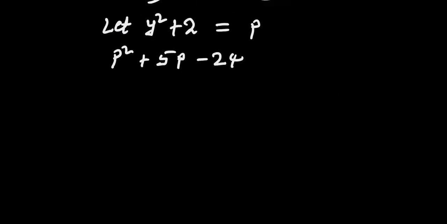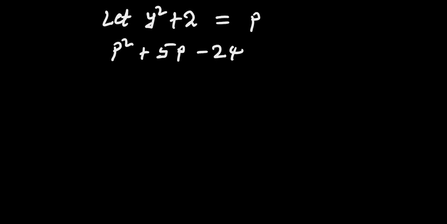So we already have a quadratic, and please note that the coefficient of the leading term is 1. So all we have to do now is find two factors of negative 24 such that their sum is positive 5.